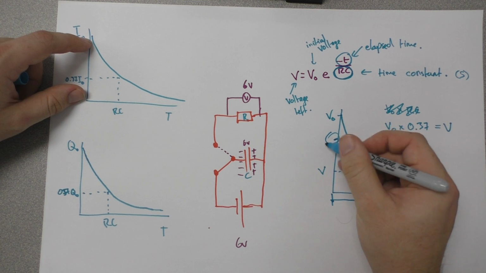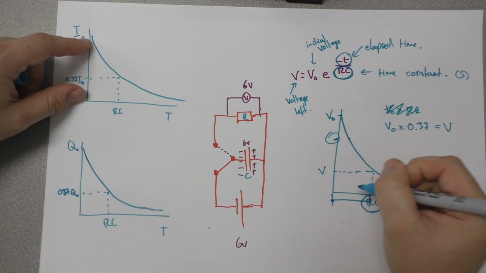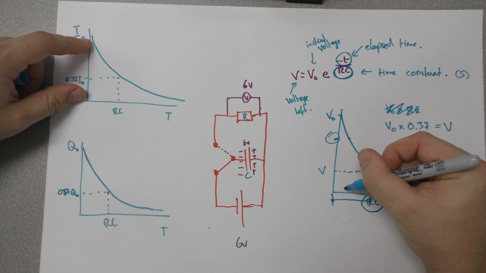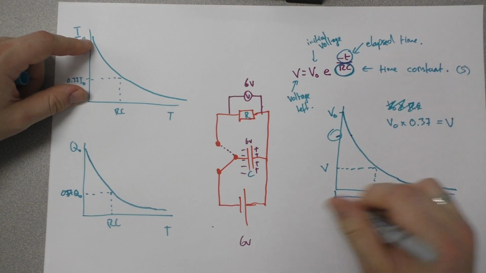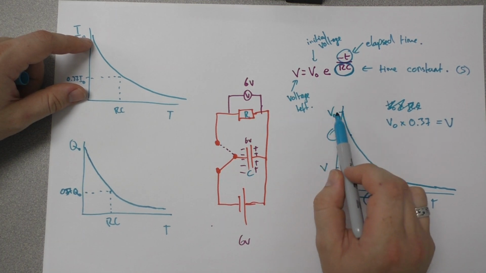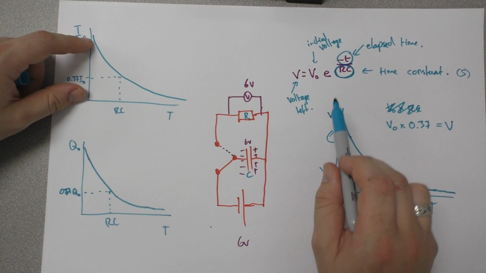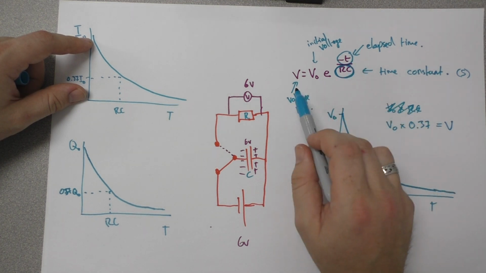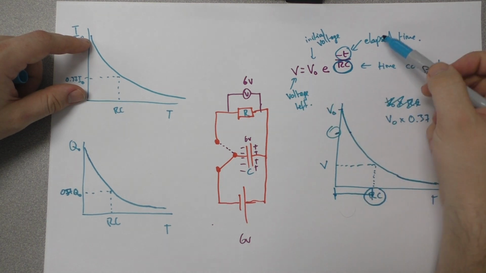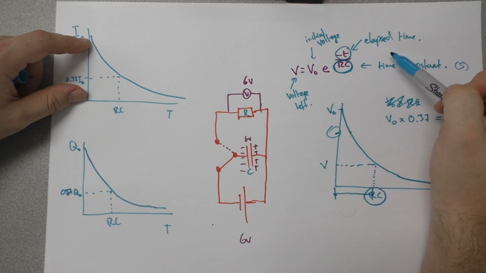Well, you'd have to take it to 0.37 of this value, which may be down here, and go across and down, and it would be the difference between that time and that time. So just be aware that it's the time difference from where that voltage was initially. Remember, that kind of tells itself in the equation what that is, because this is the voltage that you have left after this elapsed time.